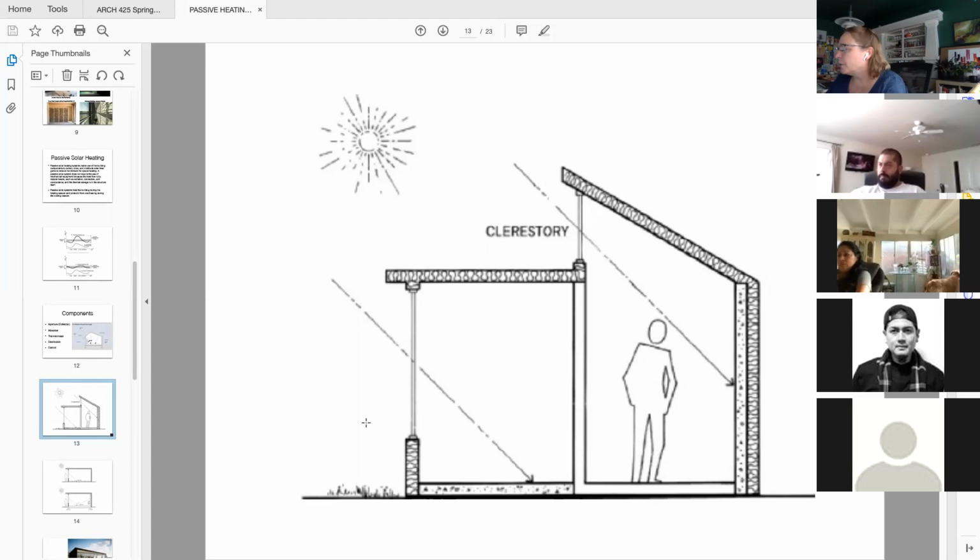The one farther south has the large window with the floor being the thermal mass, and then towards the north, using a clerestory window, the thermal mass is located vertically on the wall, because that's where the sun angle is going to be hitting the surface.